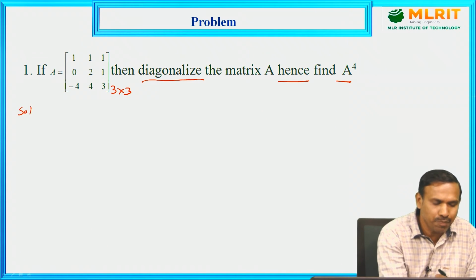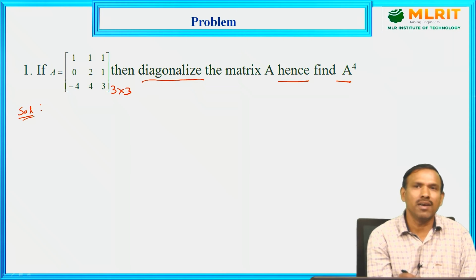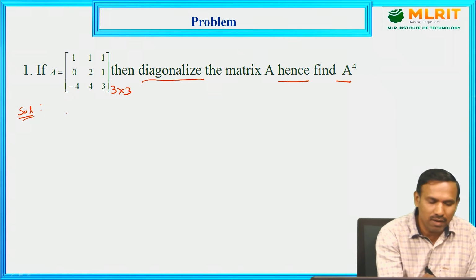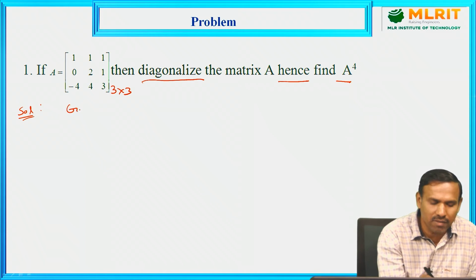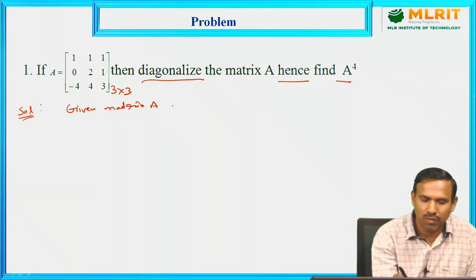We know very well, right? So first step, what we need to find? Eigenvalues and eigenvectors. So given matrix A, find eigenvalues and eigenvectors.